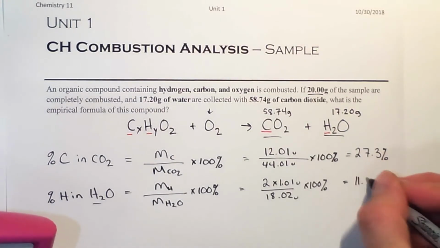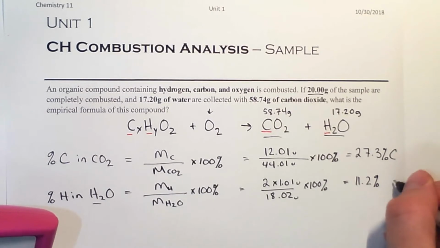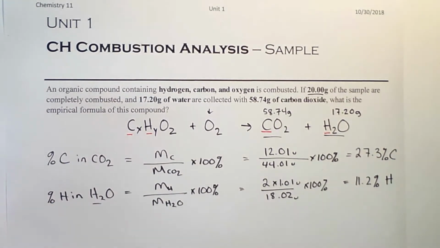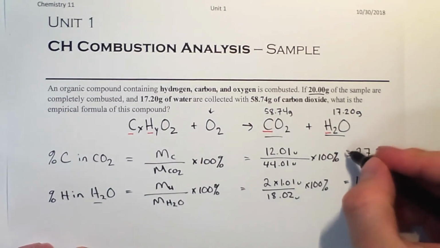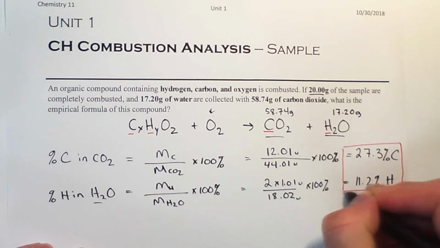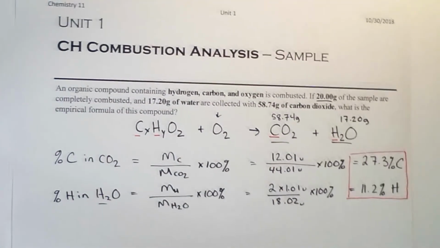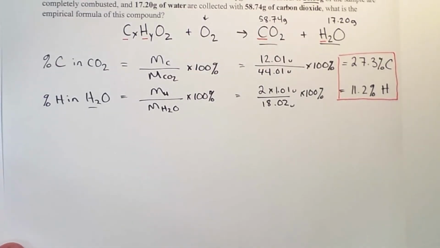And we get 11.2%. So 27.3% carbon, 11.2% hydrogen, and those two values we are always going to use. So really we only have to do them once.